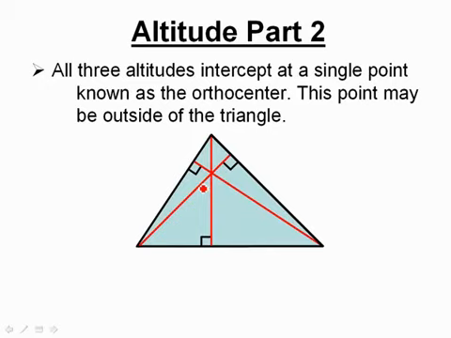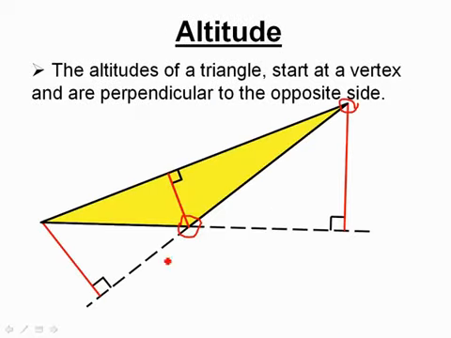So, all three altitudes intersect at a single point, known as the orthocenter. This point may be outside of the triangle. In the one I just drew in this slide, it's inside the triangle. But I'm going to backtrack for a second. In this slide, they would extend somewhere off camera, off screen. You'd extend this one like that, extend this one down.